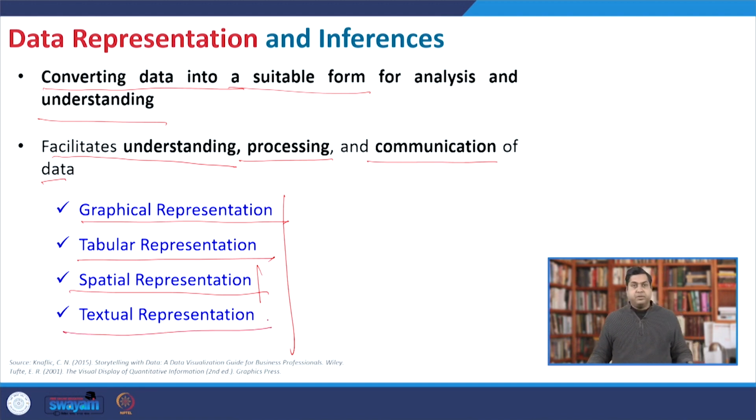And then the textual representation: many a times, with a very brief and to the point text, we can also represent the data. We will take up certain very basic examples, some from planning and architectural points of view, some very general to make it easy to understand, but you can also correlate them with the findings that you have, and then take a call which kind of representation better suits your result.